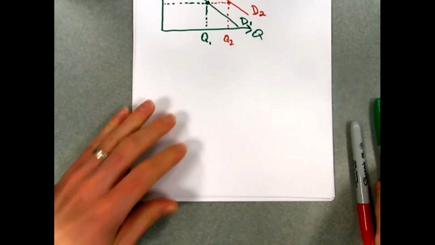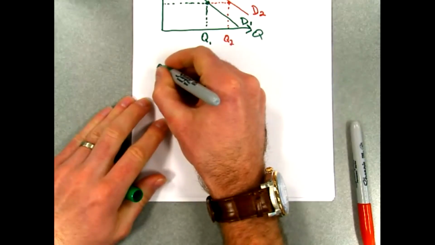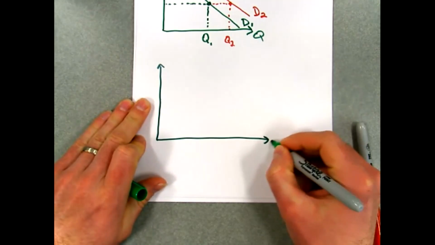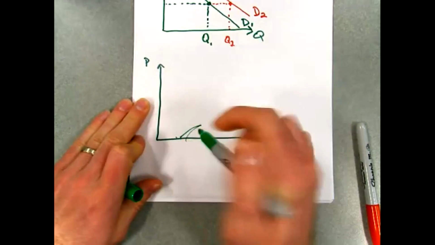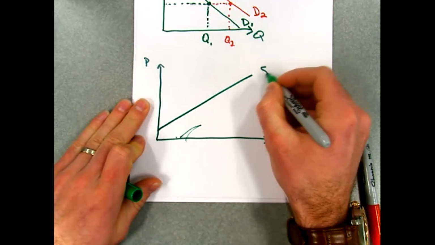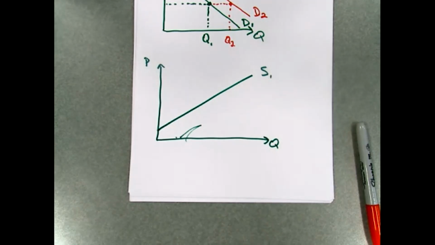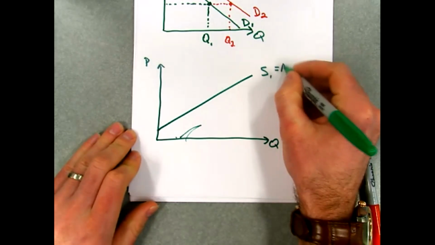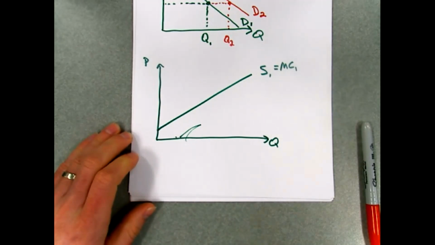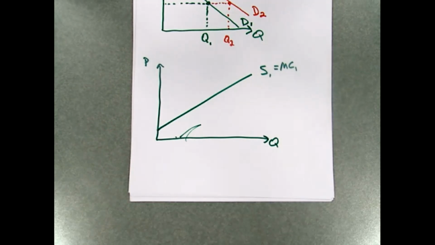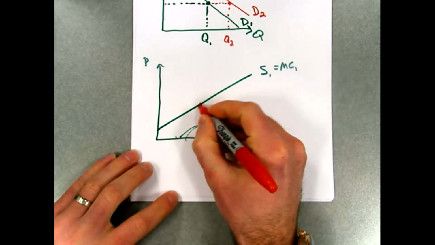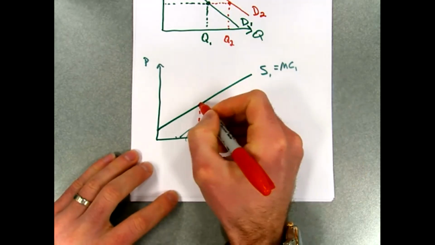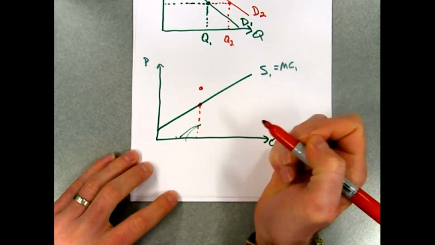I want to think about it this way. So we've got our supply curve, quantity, price here. We've got our original supply curve, which we can think about as reflecting our marginal costs. So if our input prices go up, no matter what quantity we're looking at, our marginal costs are now higher.